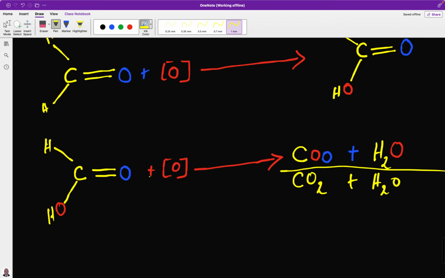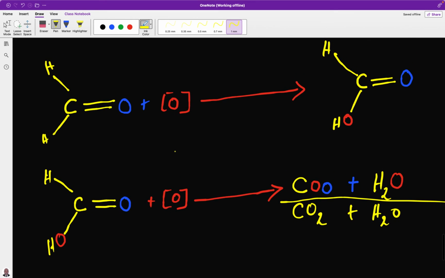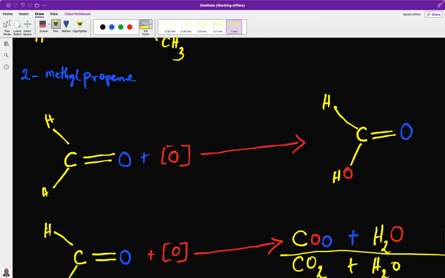And when it undergoes this oxidation, what happens? There is a COO, COO that is formed, and H2O. Indirectly, we are saying the final oxidation of this molecule will lead to carbon dioxide and water. This part of the molecule now gives us carbon dioxide and water.